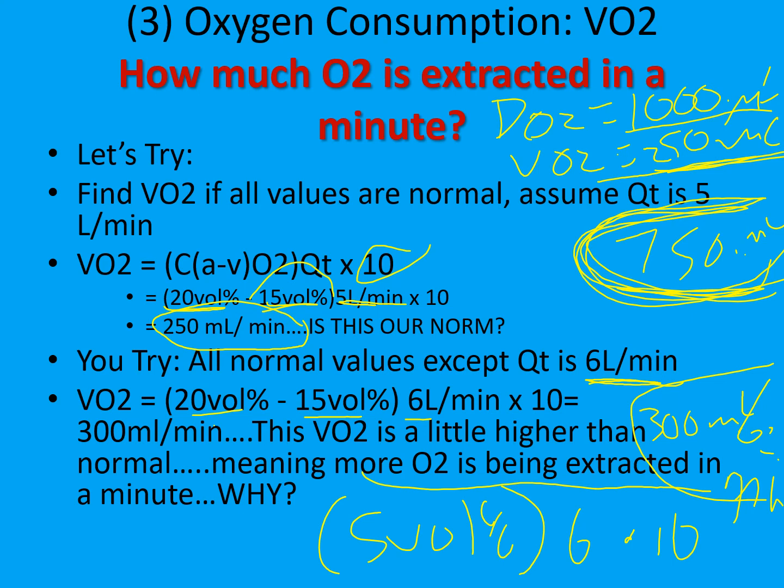So remember, the factor that changed was the cardiac output. So the heart is working harder, and therefore, do you think that your heart's metabolic process of oxygen consumption would go up? Therefore, your total oxygen consumption would also go up. I hope that makes sense. So this means that our heart's working harder and it's consuming more oxygen. The heart is requiring more oxygen to keep up its metabolic process.